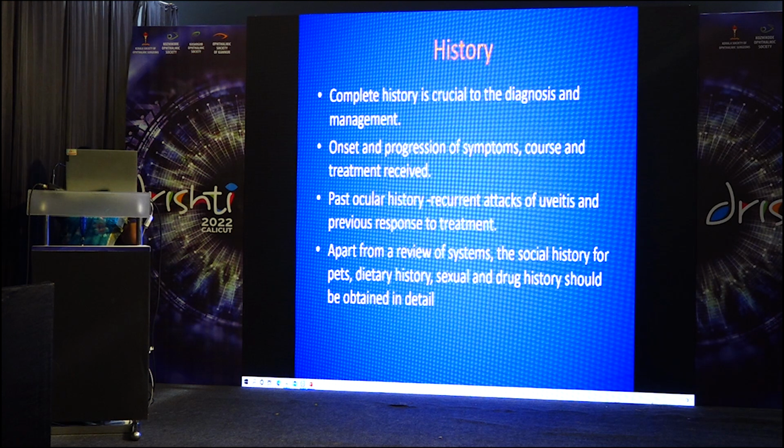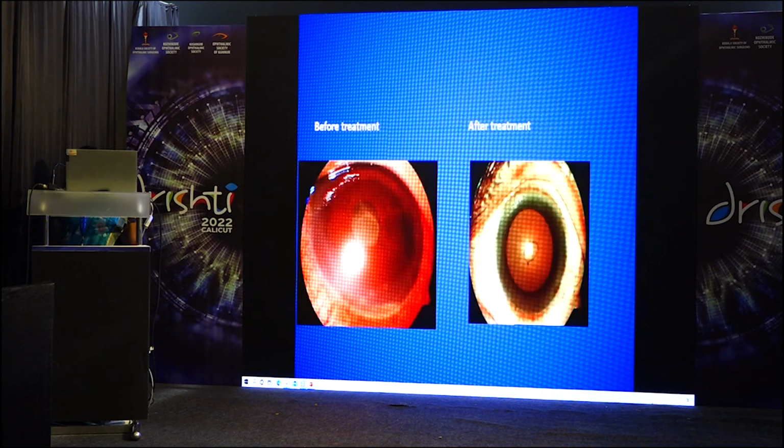Onset and progression of symptoms and course of treatment details should be obtained. Past ocular history includes recurrent attacks of uveitis and previous response to treatment. Apart from the review of systems, social history, pets, dietary history, sexual history, and drug history should be obtained in detail.